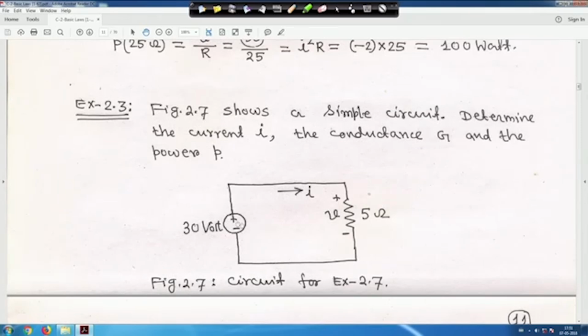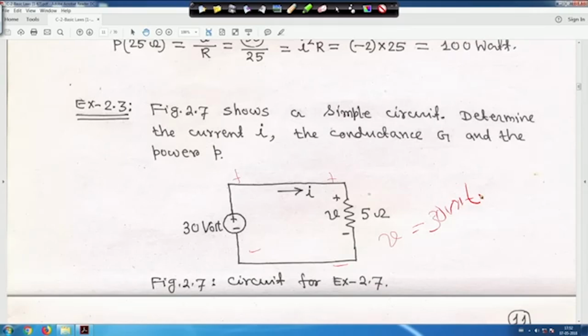So, this voltage is 30 volt, and the same voltage will be impressed across this resistor, that means my V will be equal to 30 volt, right.